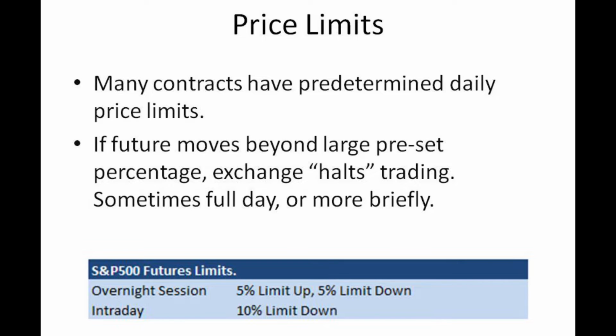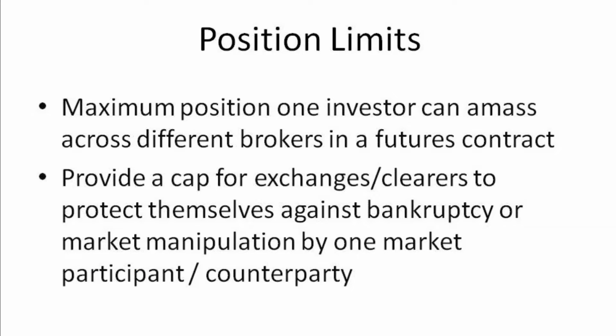The next type of limits that we're going to talk about are position limits, and these are in place on the exchanges as well. These are the maximum positions that one investor is allowed to amass in a given futures contract. The reason that these exist is really just to stop a big trader from trying to corner a market, which is something that has happened in the past.